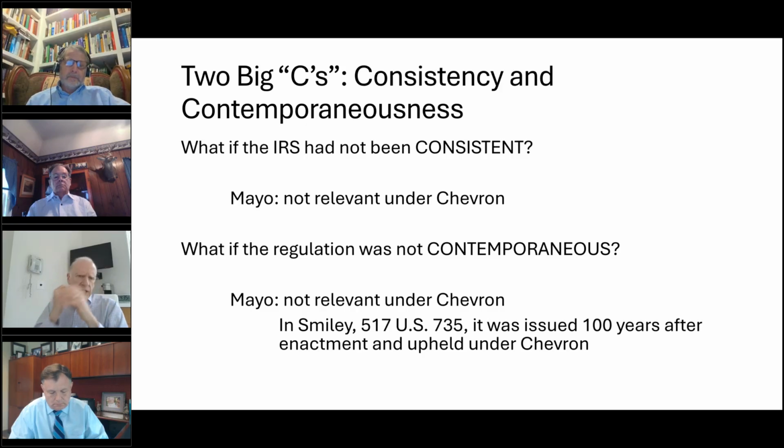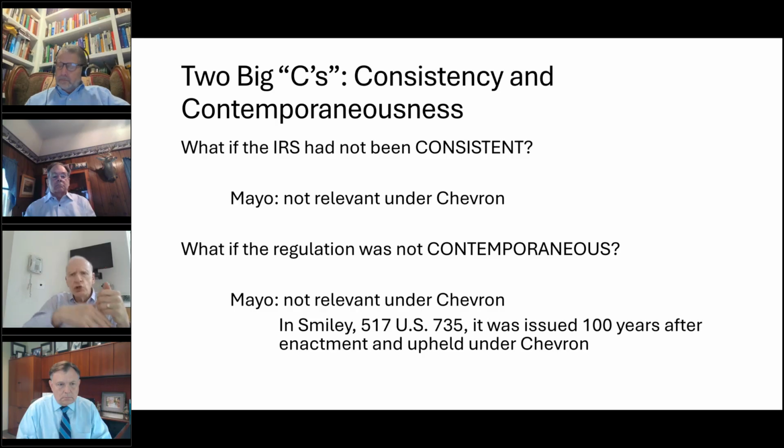What if the IRS, I say in the top of the slide, had not been consistent? You know, they flip-flopped. They said, we think the statute means this, then they said, we think the statute means that. And how does that impact the analysis? For example, in Mayo, they had an interpretation that was one way under a regulation for a period of years.